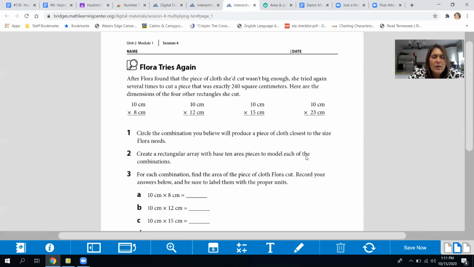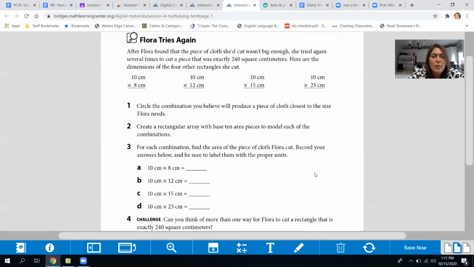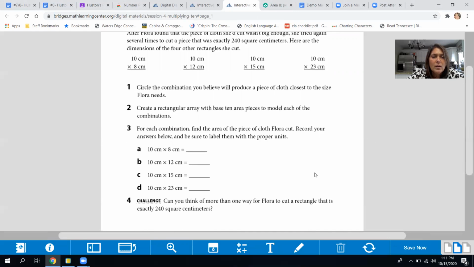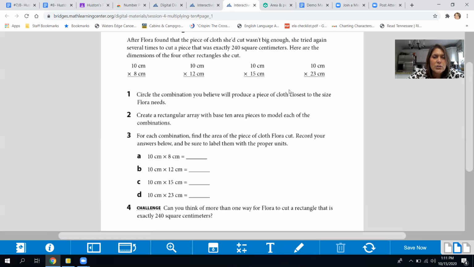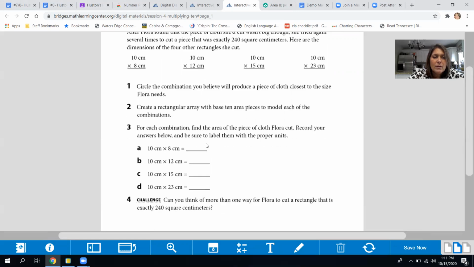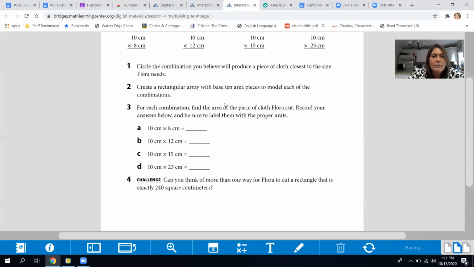And see how many different combinations you can come up with. Okay, I showed you one, but there are other combinations. And then for each of the combinations that she came up with, I want you to find the area of that piece of cloth Flora cut. Record your answers below and make sure you label with the proper units.